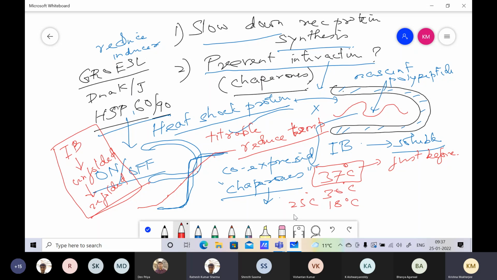In case of decreasing temperature, at which step is the protein production being regulated? At all steps. Everything goes down: transcription, translation, growth, ATP generation, everything is a function of temperature, isn't it?